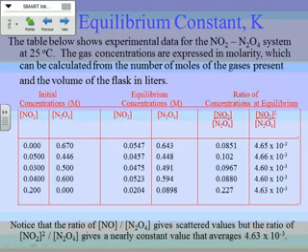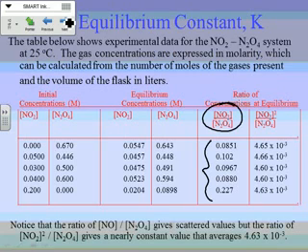Okay, so what scientists started to notice, if they graphed the concentration, or if they looked at the relationship between the concentration of NO2 and N2O4, there's not a real clear relationship there. In other words, if you take the ratio of the NO2 versus the N2O4, this data right here, there's not a lot of consistency to it.